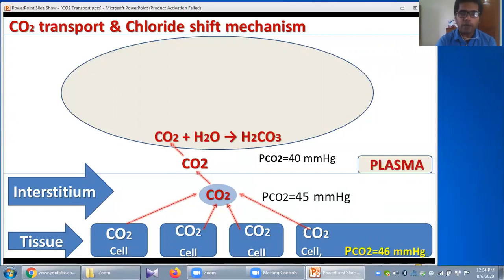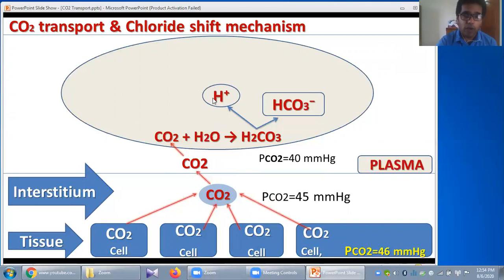So what will happen? In presence of carbonic anhydrase enzyme within the red blood cell, this carbon dioxide molecule binds with the water molecule to form carbonic acid. As it is a weak acid, it will be rapidly dissociated into hydrogen ion, that is the acidic ion, and bicarbonate, that is the basic ion.